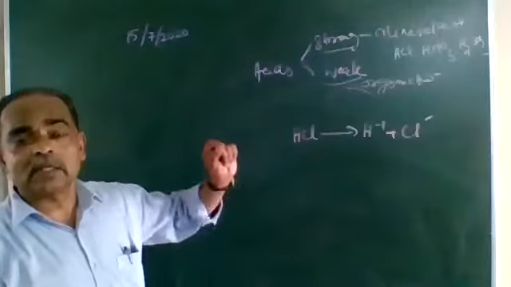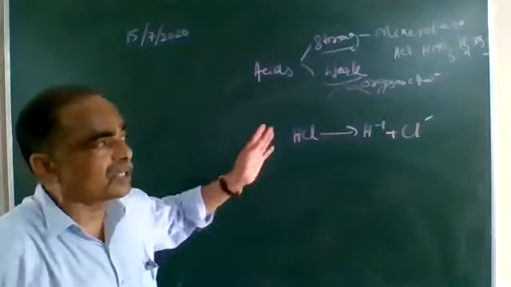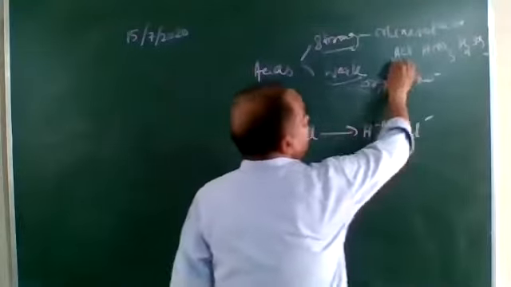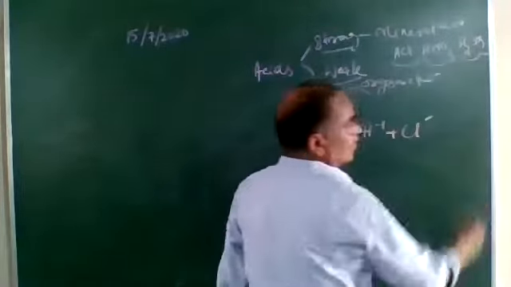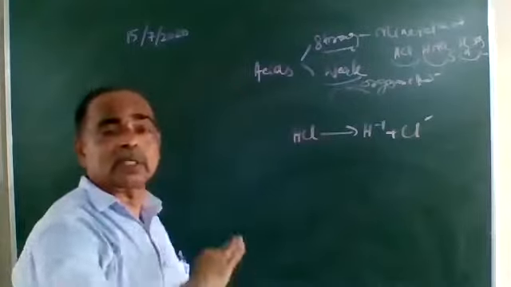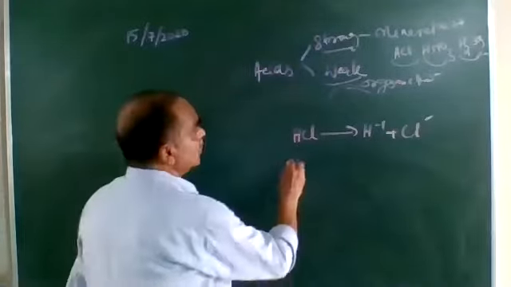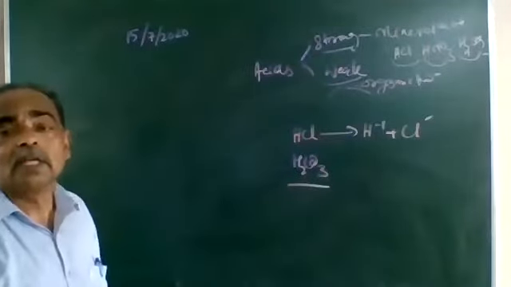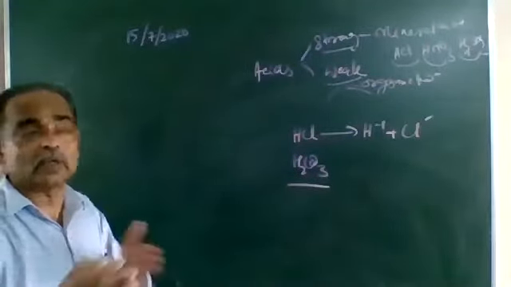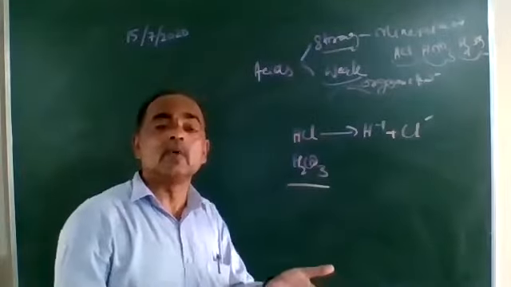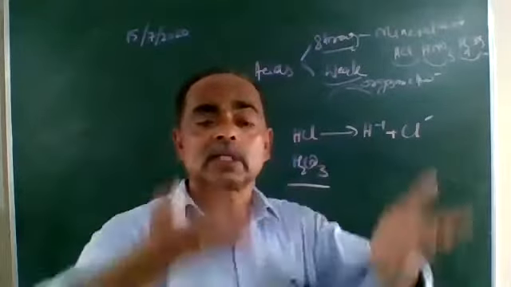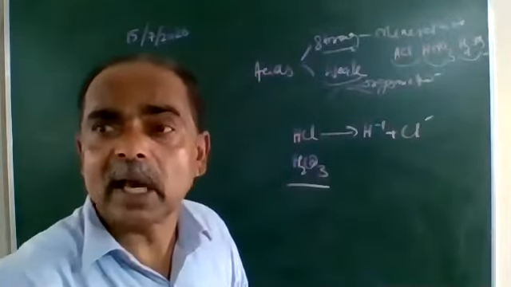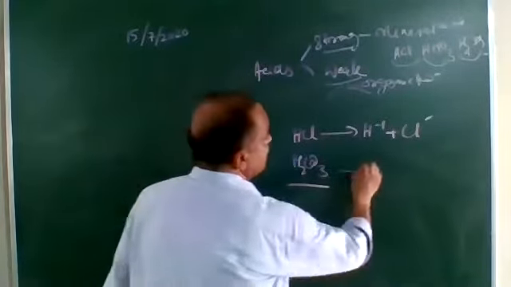Any acid which dissociates completely into its ions in aqueous solution is strong. So HCl, HNO3, H2SO4, these are mineral acids that dissociate completely. Whereas H2CO3, this is carbonic acid, does not dissociate completely because carbonic acid is a weak acid. The moment we open the bottle, carbon dioxide escapes out. So the dissociation is partial. Therefore, that acid is a weak acid.